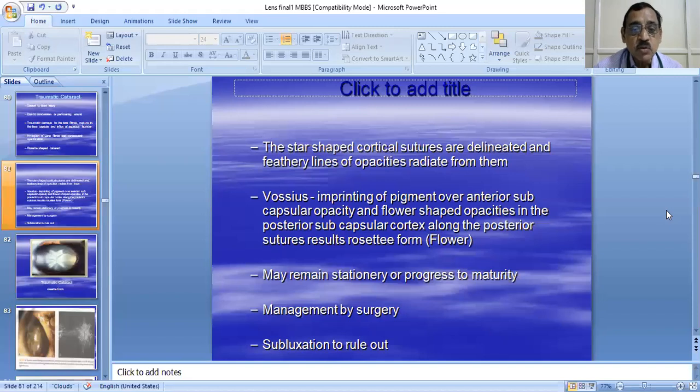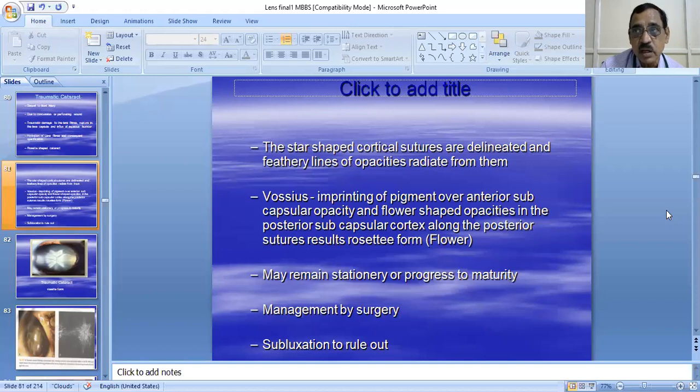Okay. Vossius ring is another thing seen in concussion injuries, and this is given as a short note, a 2-mark question, in the examination. Vossius ring is nothing but imprinting of pigment over the anterior capsule in concussion injuries.